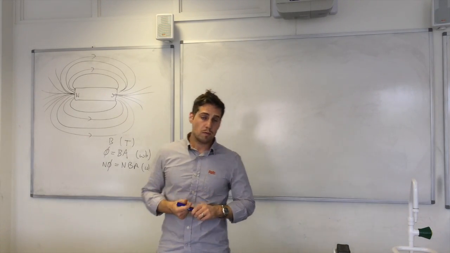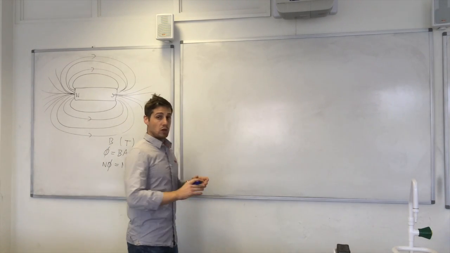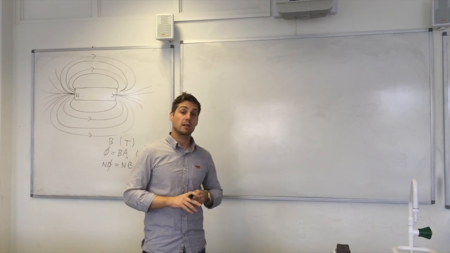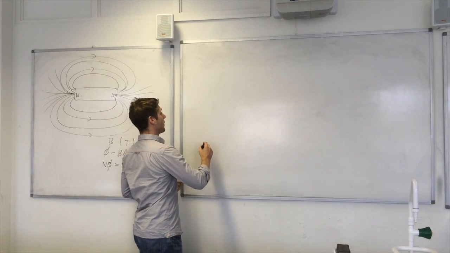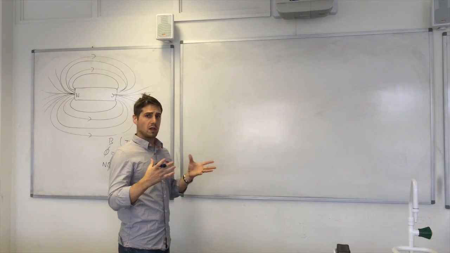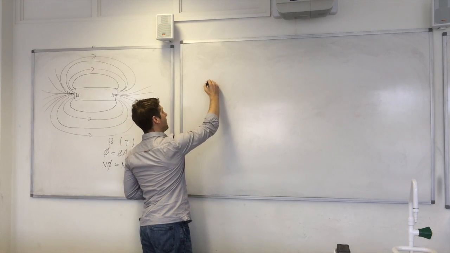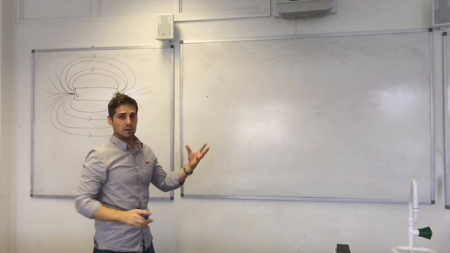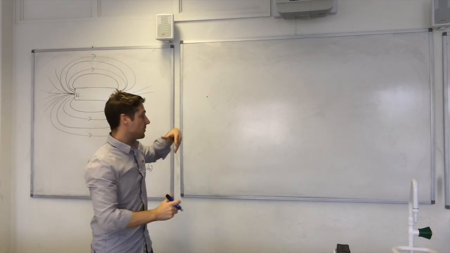A couple more magnetic field patterns that you need to know about. Whenever a current is flowing through a conductor, that produces a magnetic field around itself. In these cases I'm looking at when you have a direct current. Let's say we've got a wire coming out of the board, so a dot indicating that it's coming out of the board.